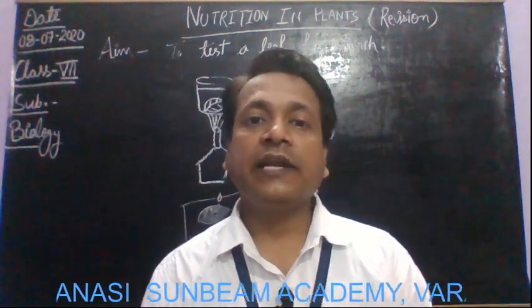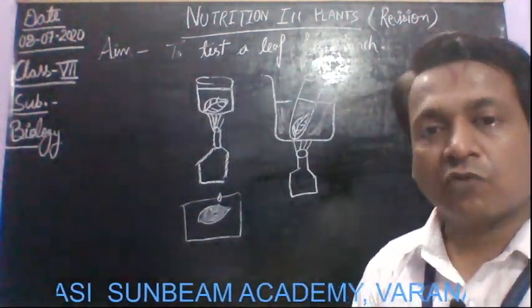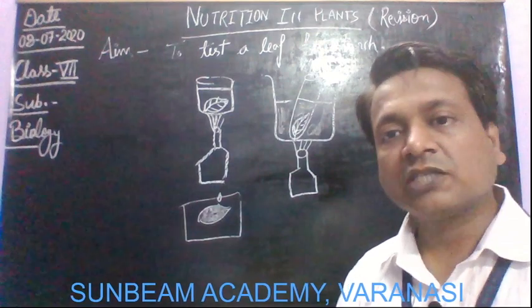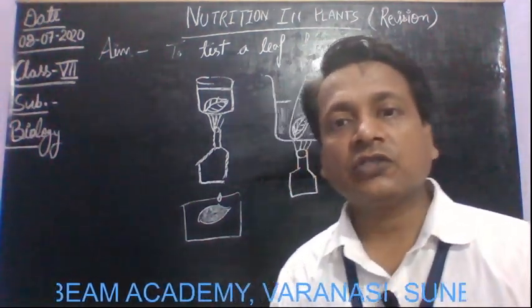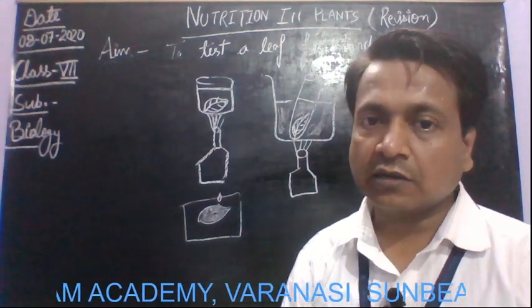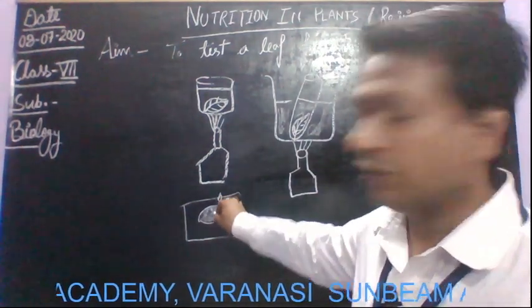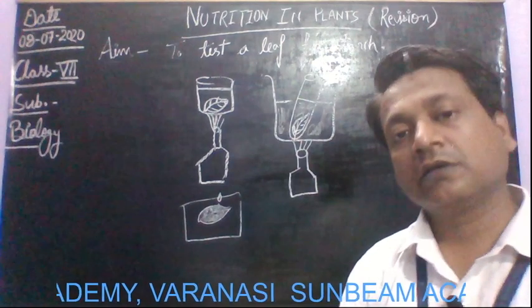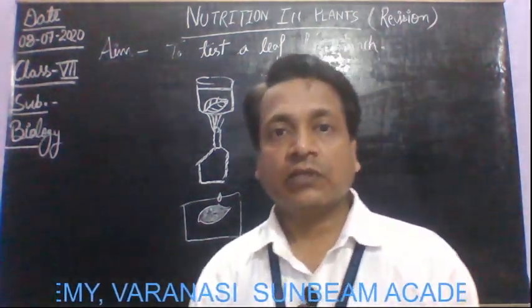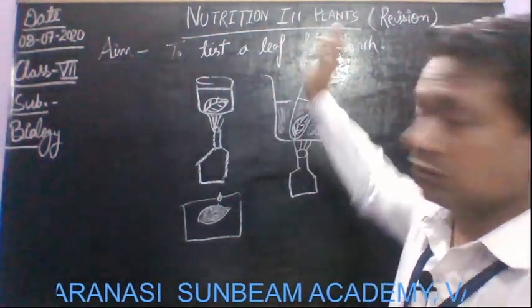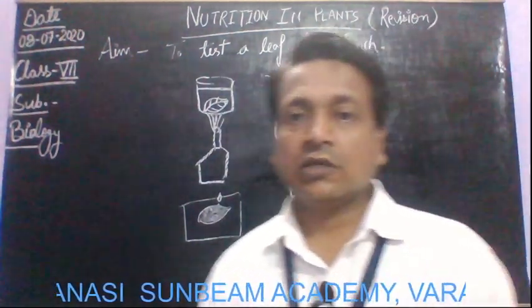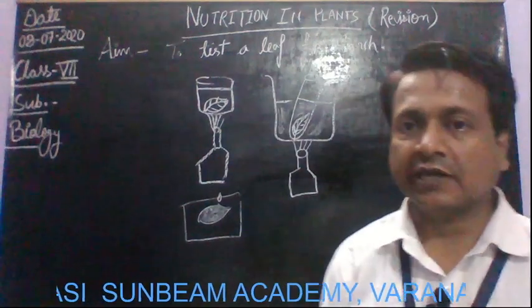So this indicates that by the process of photosynthesis, starch, or food, is formed in the leaf, and that starch changes its color to blue black when the iodine solution is put on it. So this is the activity in which we test that a leaf forms starch during the process of photosynthesis.